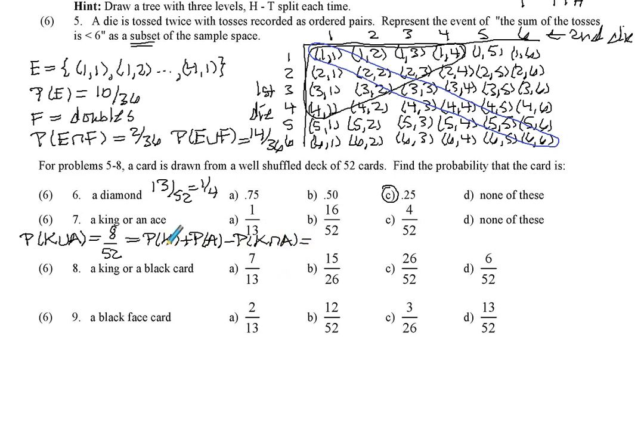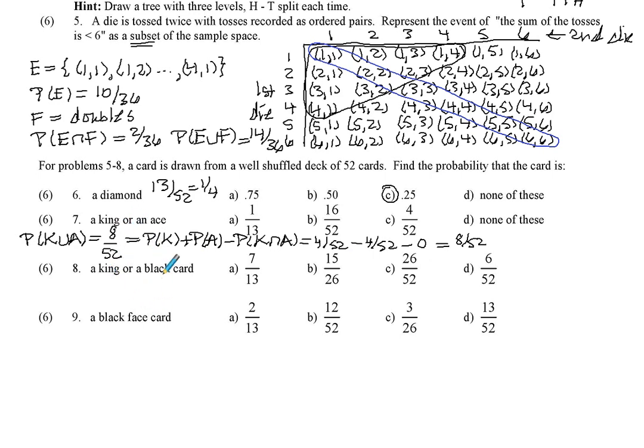So probability it's a king, there are 4 kings out of 52, plus probability it's an ace, 4 aces out of 52, and probability that it's a king and an ace at the same time can't happen, so minus 0. That still gives you your 8 out of 52. So for that one, it was probably easier just to count the outcomes.